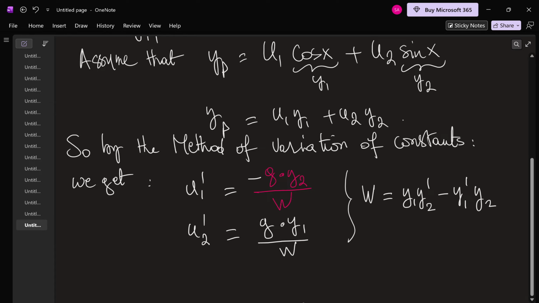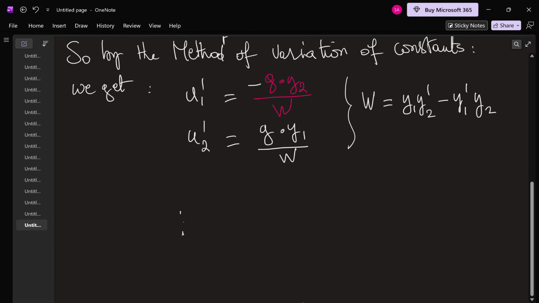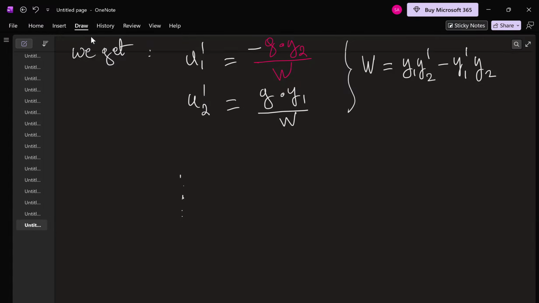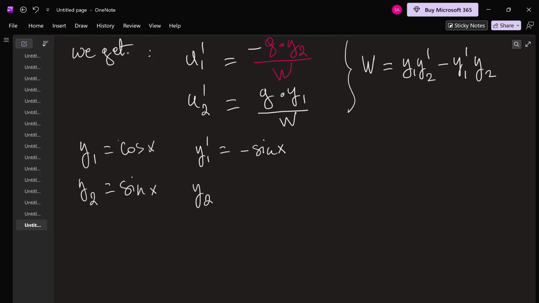Let's write down our information. So remember that y1 is equal to cos x, and y2 is equal to sine x. So y1 prime is equal to minus sine x, and y2 prime is equal to cos x.